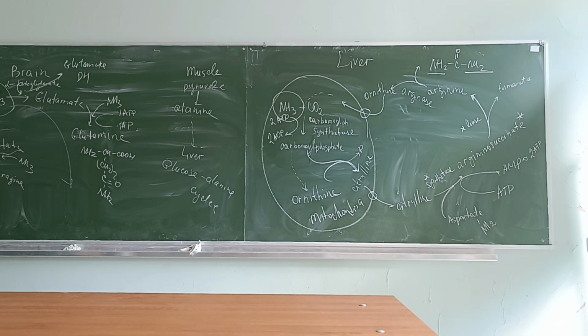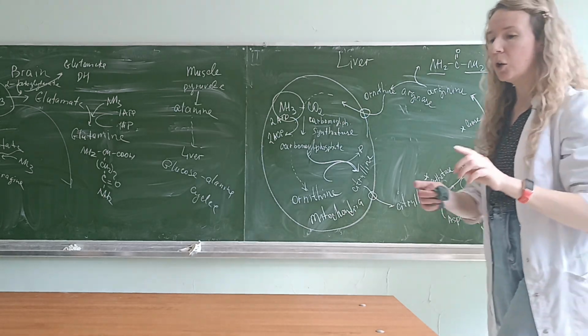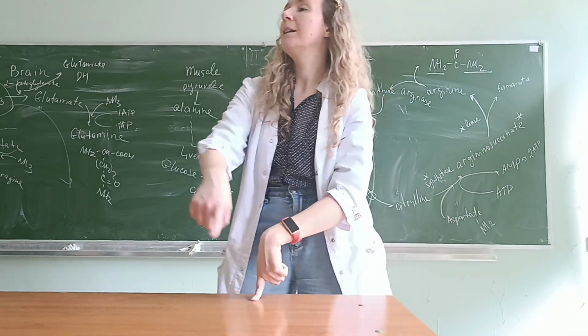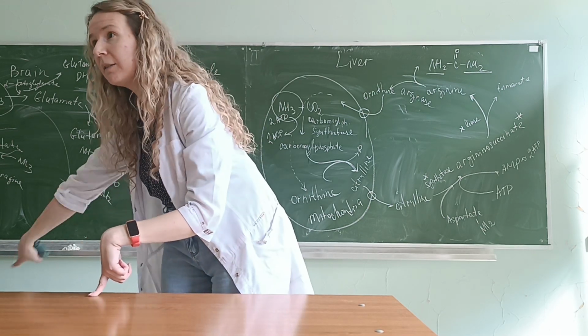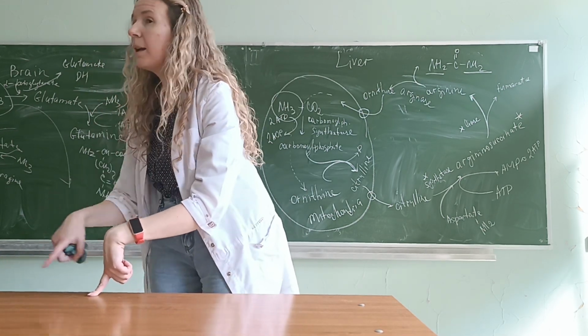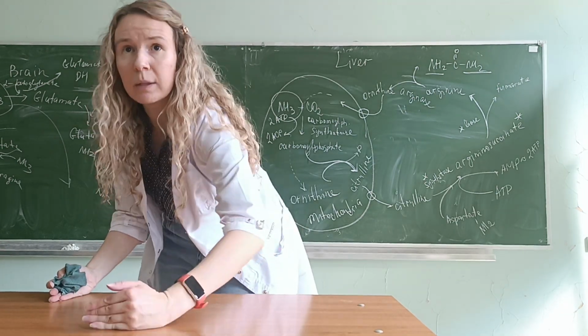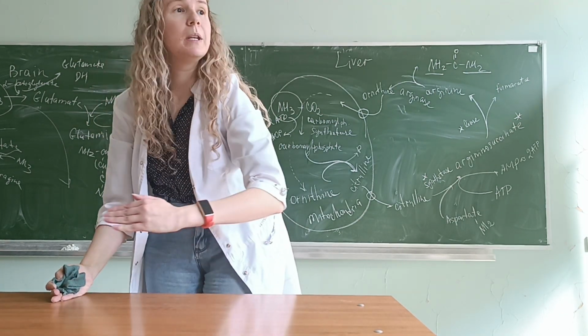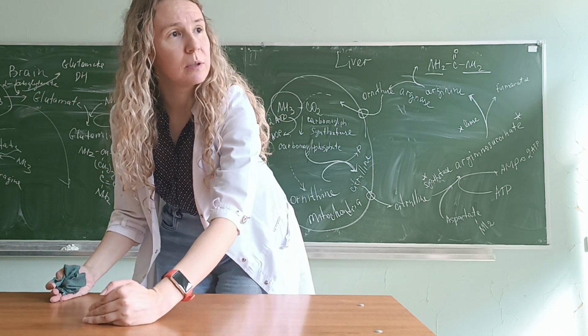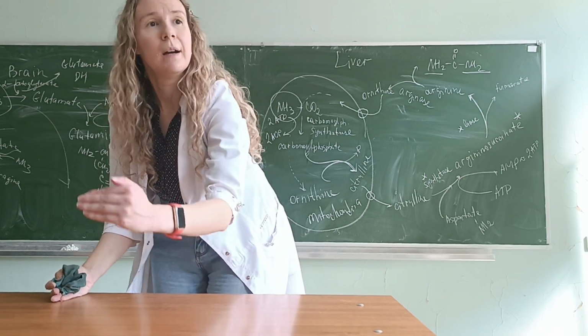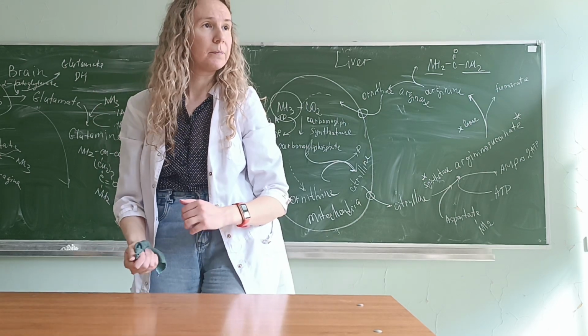No, kidney. But now you understand it's kidney. Urea is synthesized by the liver, filtered by the kidney and excreted by urine. If the kidney doesn't work, urea concentration in blood will increase. So we use counting of urea amount for diagnostics of kidney diseases.